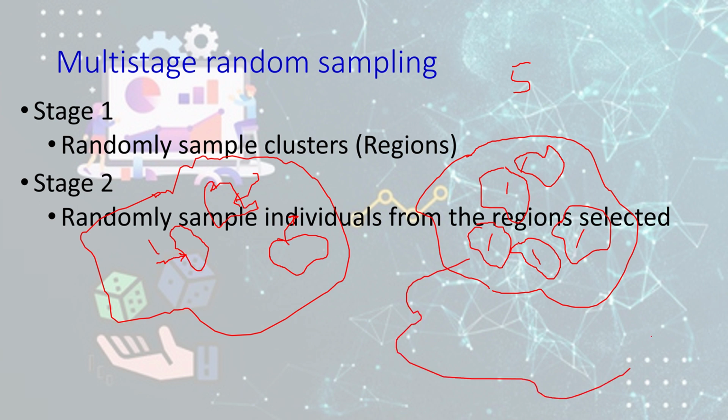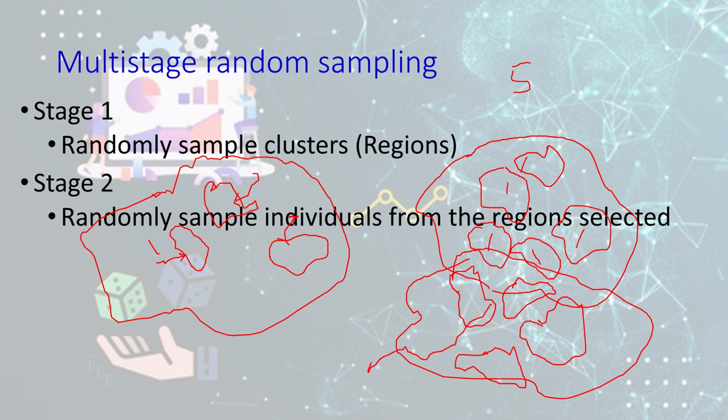You can have a population like that, and there is no restriction on the number of clusters, and there is no restriction on the size of a cluster as well. So we select one cluster randomly.